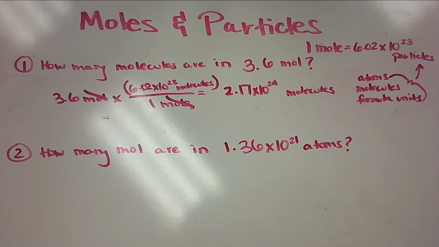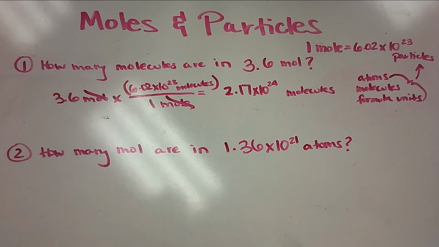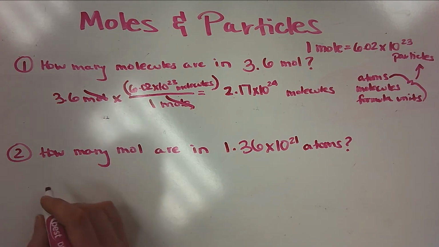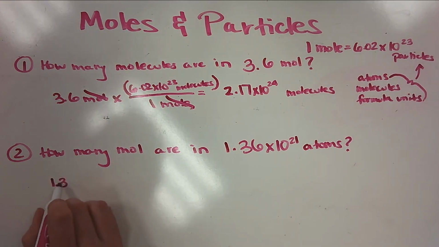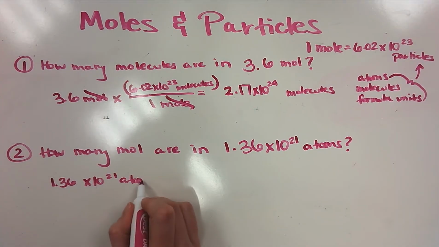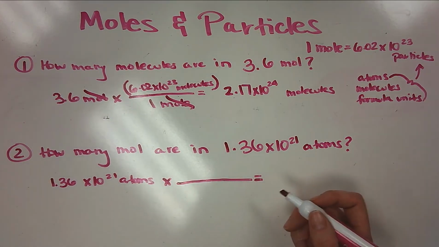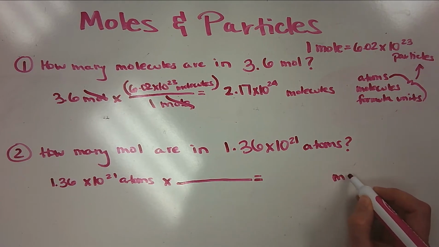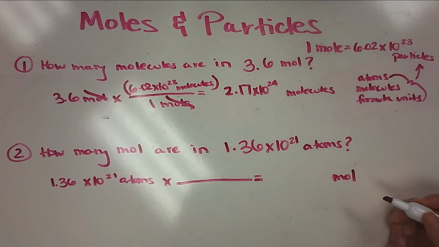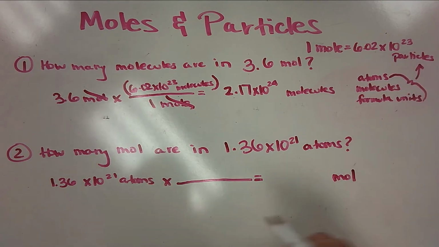All right, number 2. How many mole are in 1.36 times 10 to the 21st atoms? All right, so I'm starting off with atoms and I'm asked to go to mole. So I'm going to write down what I know, 1.36 times 10 to the 21st atoms, set up for a conversion factor, write what I want out at the end, so mole. Now I have to figure out how do I plug this conversion factor in to solve for what I want.